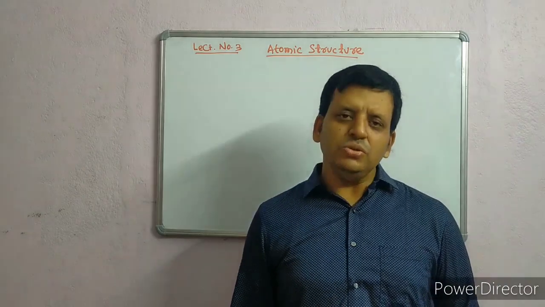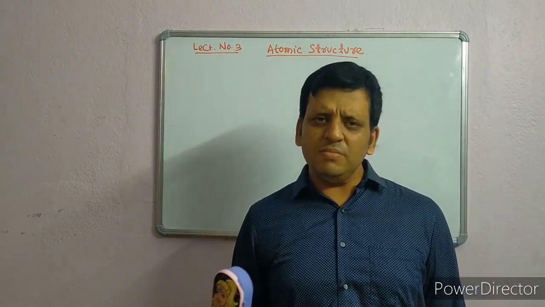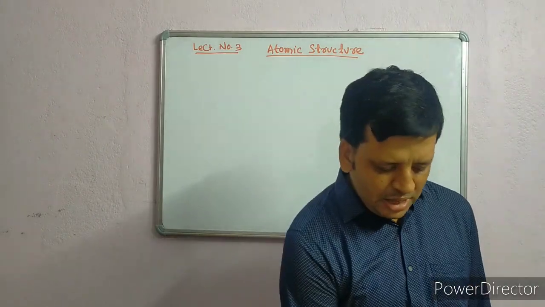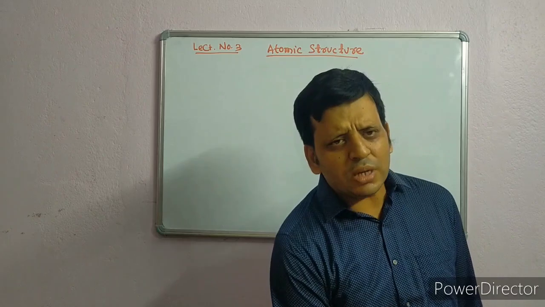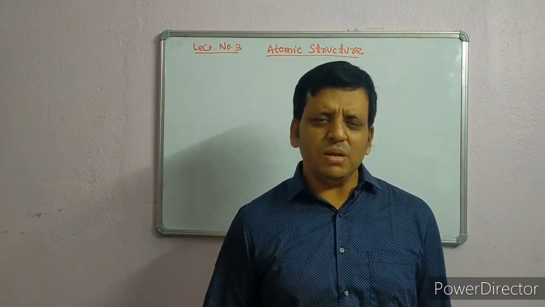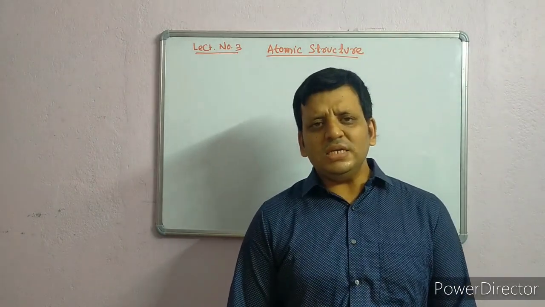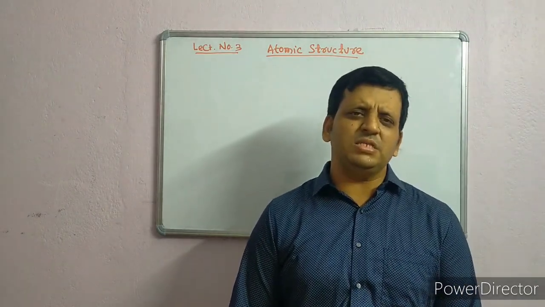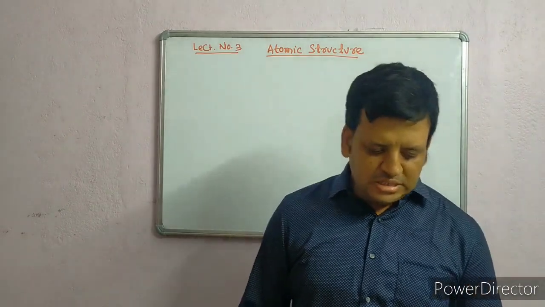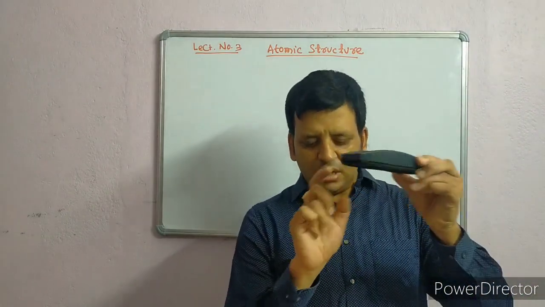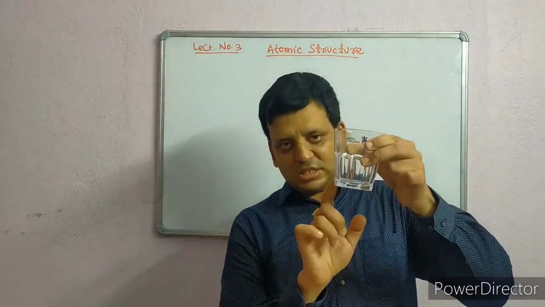If I am able to cut this plastic box to the last point, I am getting something very small. Again, if I am able to break this glass to the very last point, I am also getting something very small. So the question arises, what is that very small thing which has created the difference that this is duster, this is plastic box, and this is glass?